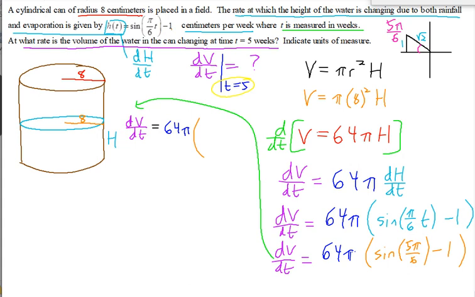Oops, I apologize. I just realized I made a mistake. I accidentally drew a 45-45-90 triangle here. Not 1 over root 2. It's 1 over 2. So just 1/2 is the sine of 5 pi over 6, and then minus 1.